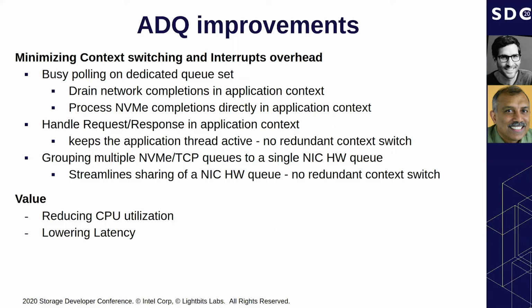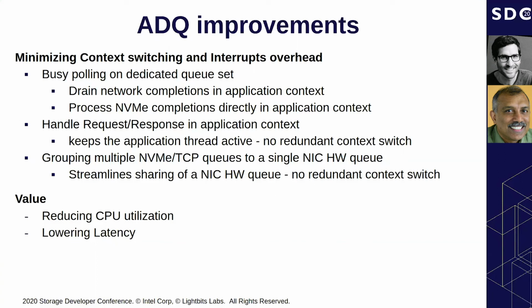So by doing this, one of the key things in ADQ is that you try to really provide improved predictability. And while focusing on predictability, you also get the side benefits of improved throughput and latency.